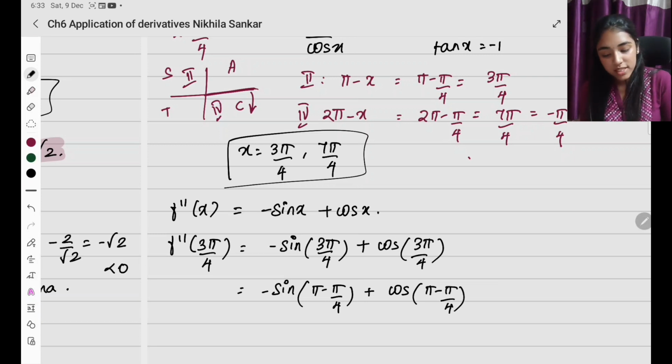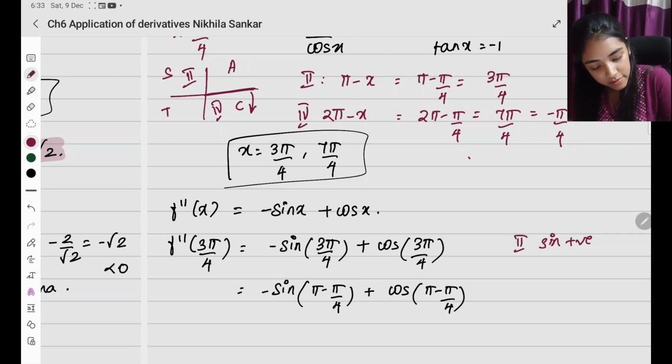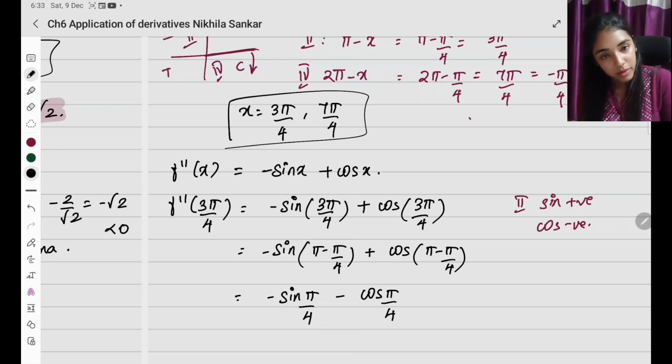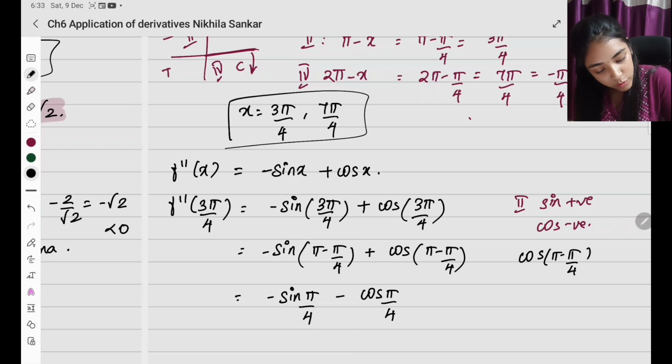We are talking about the second quadrant, and in the second quadrant sine is positive and cos is negative. Correct? So what am I going to get here? This is going to be minus sine of pi by 4, and cos becomes negative, so minus cos of pi divided by 4. Basically in the second quadrant, cos of pi minus pi by 4 is going to be negative.